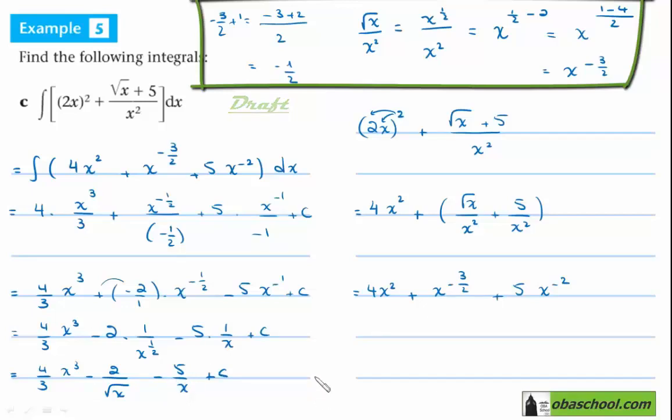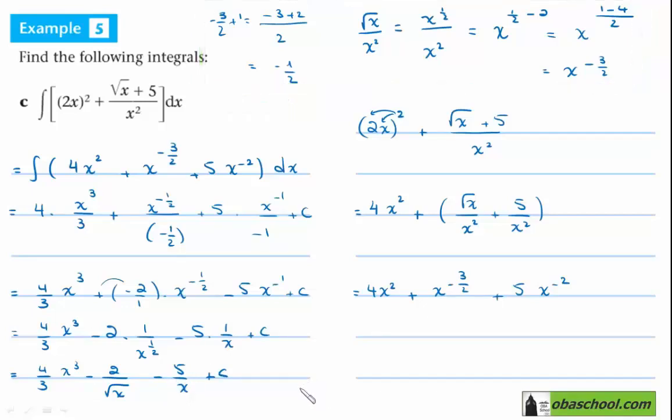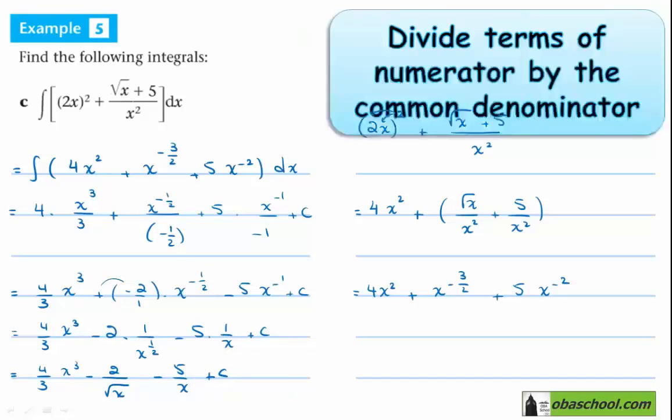In this part C, we used another strategy. For the first term we used the indices rule, and for the second term we divided the terms of the numerator by the common denominator.